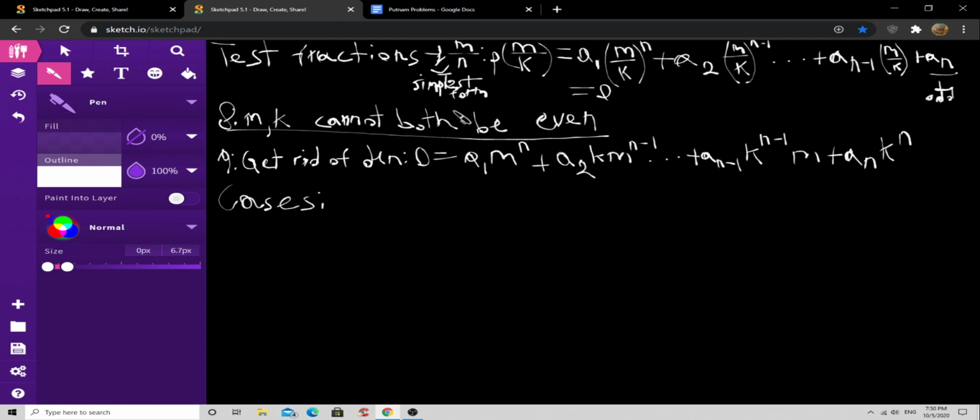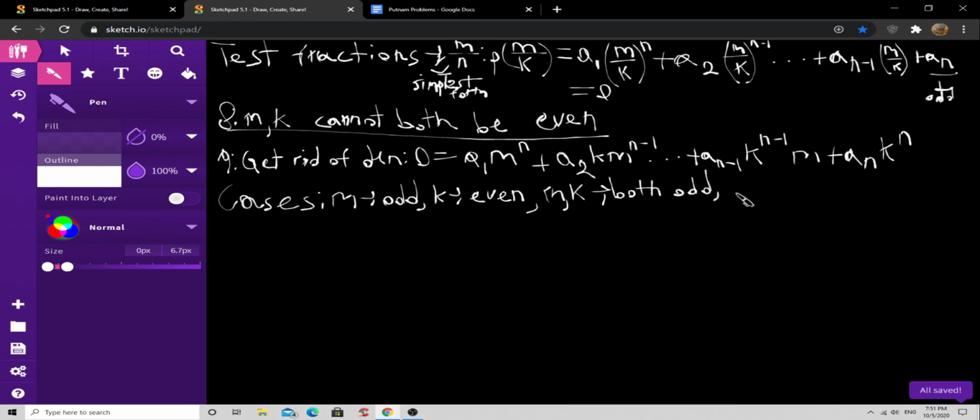Yeah, so m and k cannot both be even. And then let's check: m is odd, k is even, and then m, k both odd, and then k odd, m even. So those are our cases.